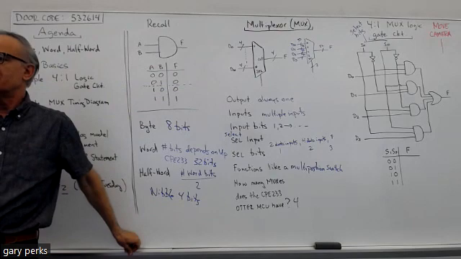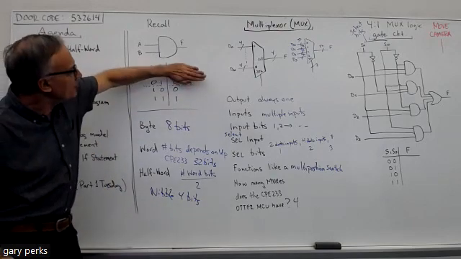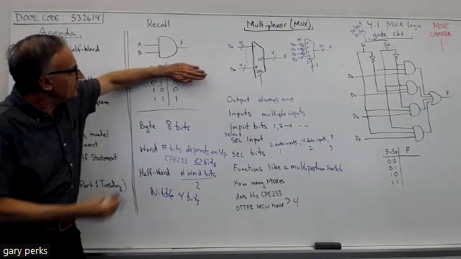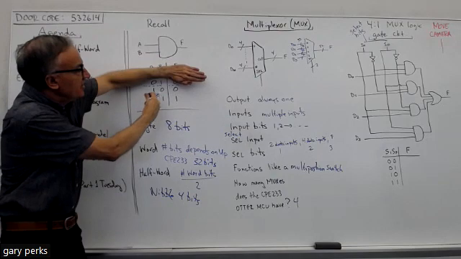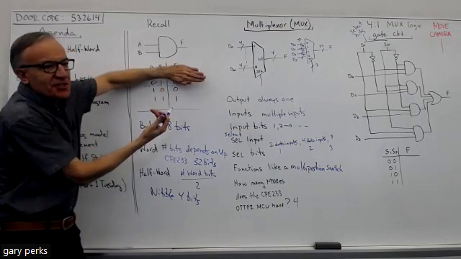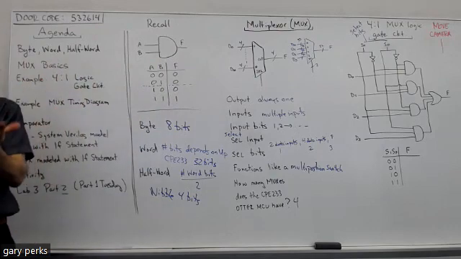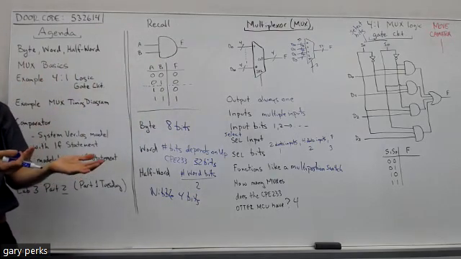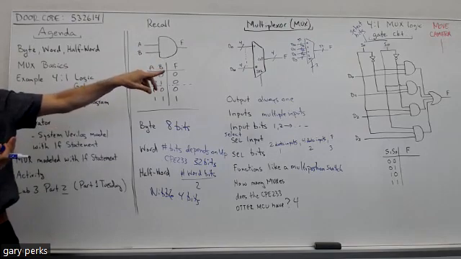The output's going to be 0. Now, the bottom part of the truth table tells us something different. If one input to an AND gate is a 1, the output's going to equal whatever the other input is. So that's an example of what I mean by understanding a truth table. And you're going to see that's going to help us analyze this MUX.